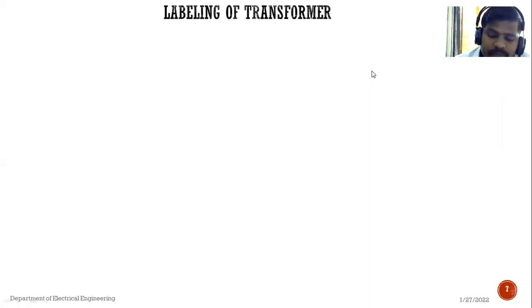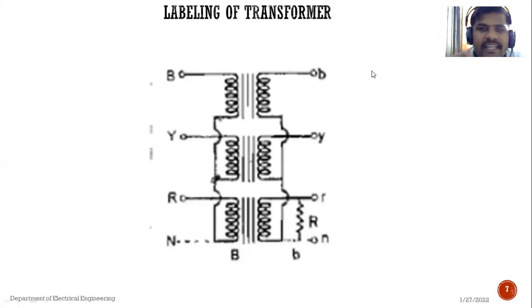See, suppose I give one example here. One of the transformers is there, this one is a three-phase transformer. So this transformer is connected in any way, whether it may be delta connected or star connected. We do not consider the connection here. Here we are only understanding the terminals.